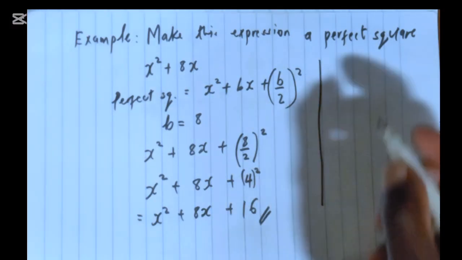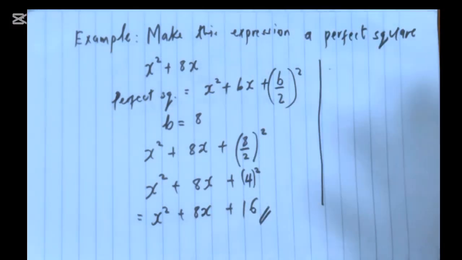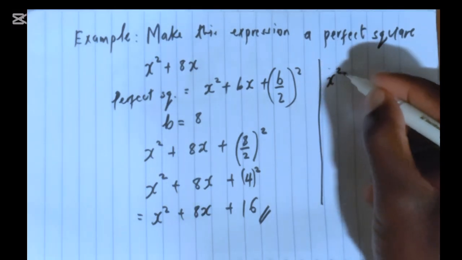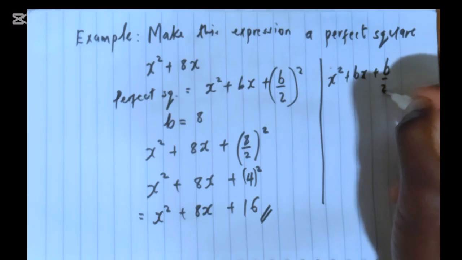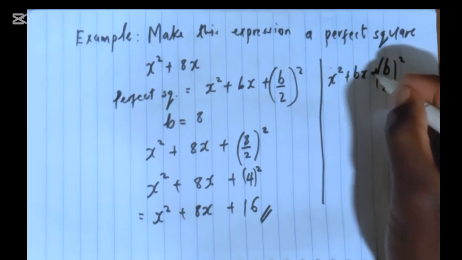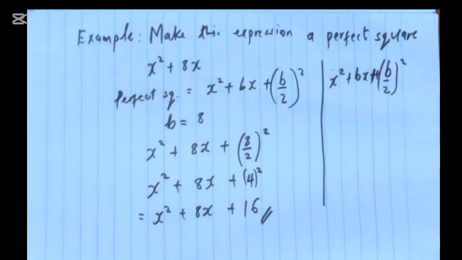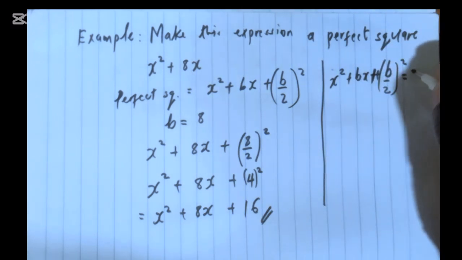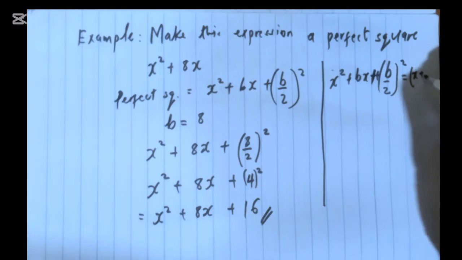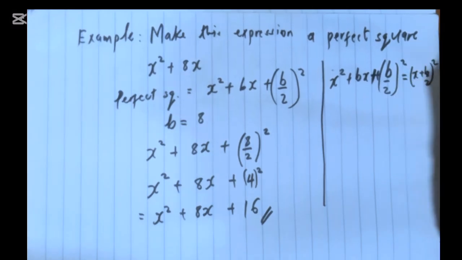Remember, we said that for us to have a perfect square, when you're talking of quadratic expressions, it should be in the form x squared plus bx plus (b all over 2) squared. We can rewrite this using x, and if we rewrite it using x, it will be x plus b all over 2, squared.